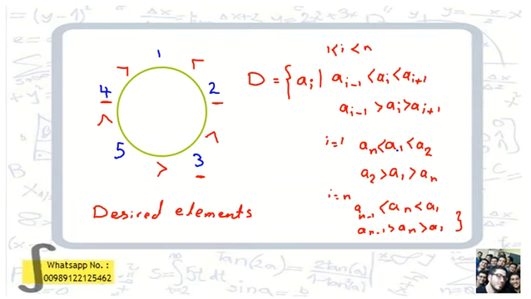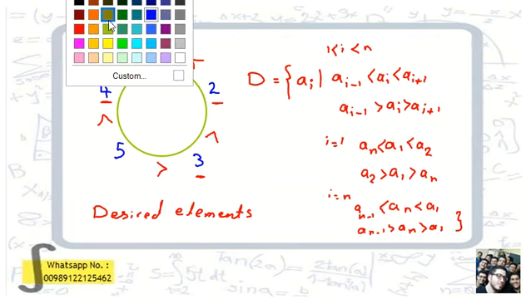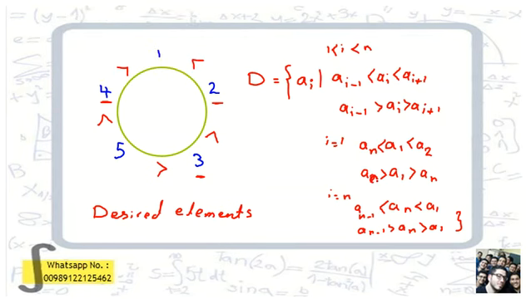So in this case, A_{i-1} is A_n. So A_1 is between A_n and A_2, or greater than A_n and A_2. Let me correct it: less than A_n and greater than A_2. And in this case, A_n is between A_{n-1} and A_1, greater, less than. So we consider A_i that has these properties, and we call them desired elements. In this case, for example, we have 3 desired elements.